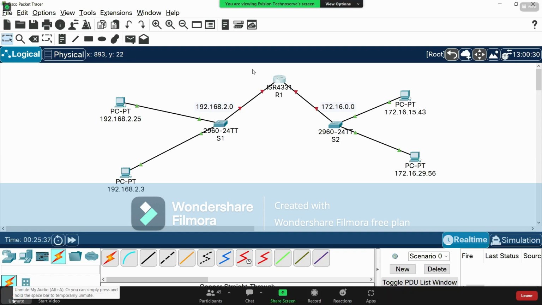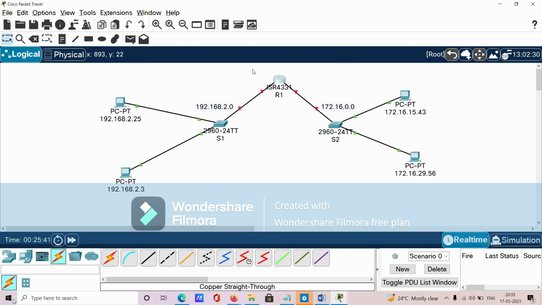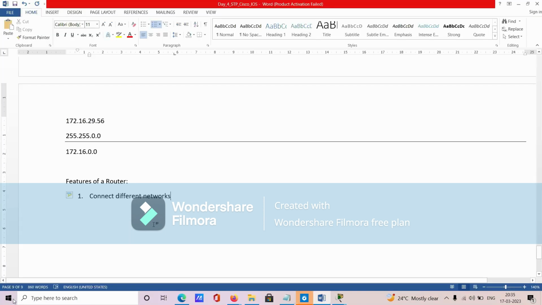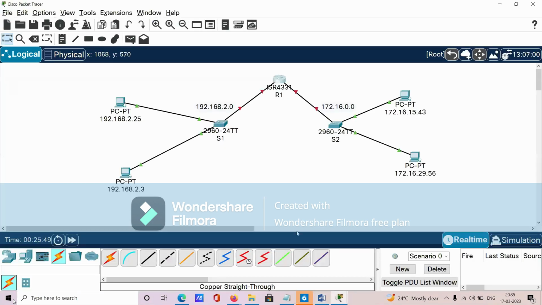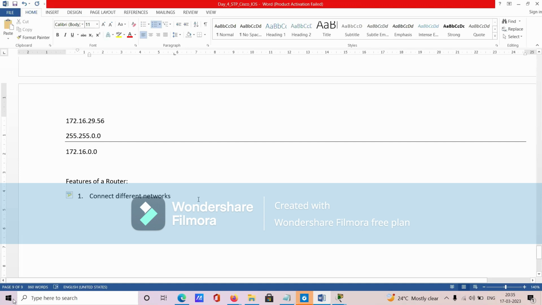So he is Rajnikant because he is doing many things, and it cannot be explained in points. But even though, we are trying to learn some of the features of it. Fine. So this was one of the features, that it is helping me to connect different networks.